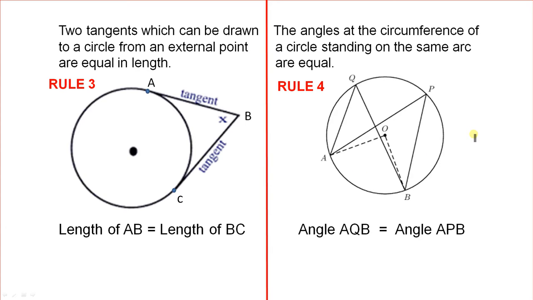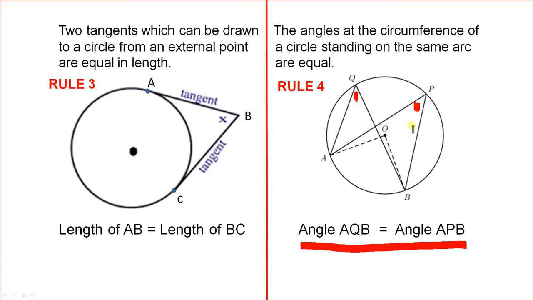Rule 4. The angles at the circumference of a circle standing on the same arc are equal. Okay, let's go through this slowly. What that means firstly is that angle AQB equals angle APB. In other words, this angle here is equal to this angle here.